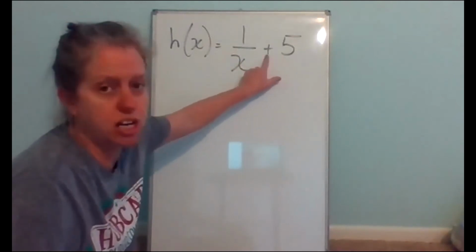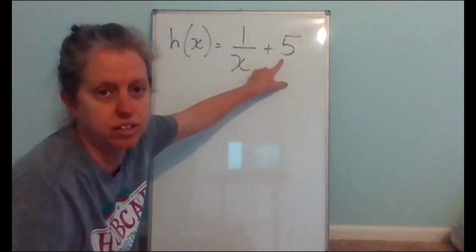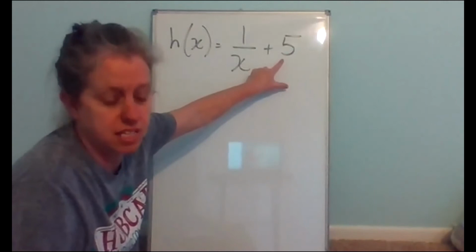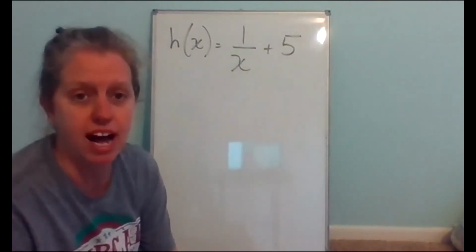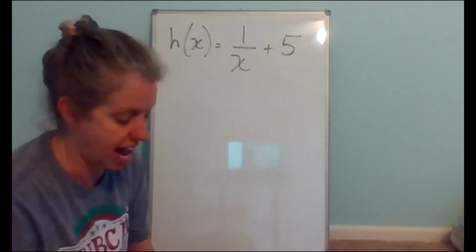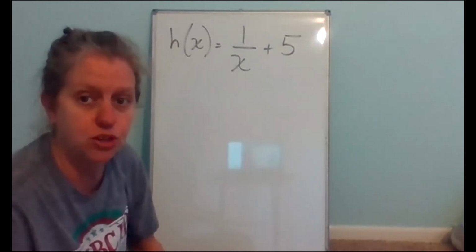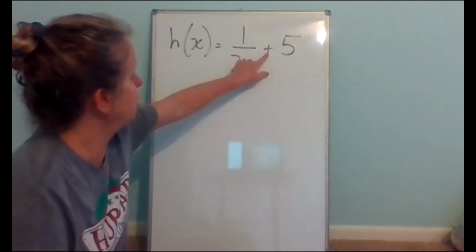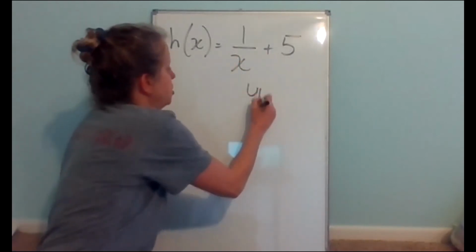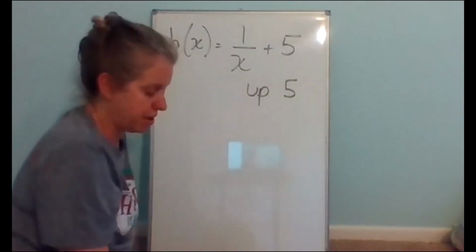So again, it's just talking about this shift right here. Since that's a plus 5, it's outside, right? It's not inside anything, it's outside. That means it shifts it up or down, and you go with the sign. So that plus 5 tells me I'm going to shift this graph up 5.